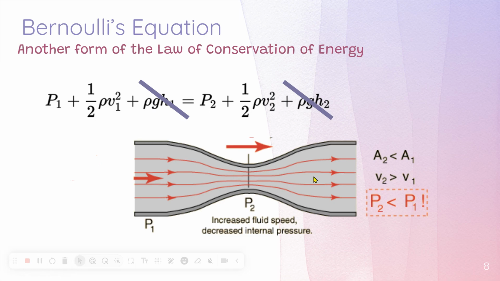And in the middle of my pipe, that line is straight. So I don't have a height difference between this area and this area. I do have a velocity difference. So if the velocity in 2 is going to be faster than the velocity in 1, then P2 has to be less than P1.